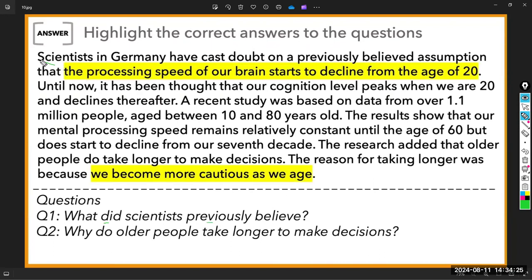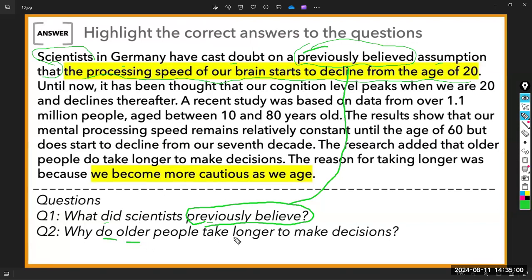So we notice that scientists in Germany have cast doubt on a previously believed assumption that the processing speed of our brain starts to decline from the age of 20. So notice that "previously believed" is the keyword, and I have to search for that in the real passage.